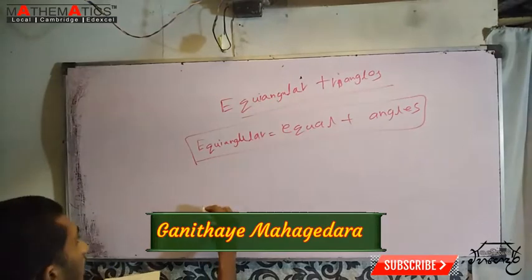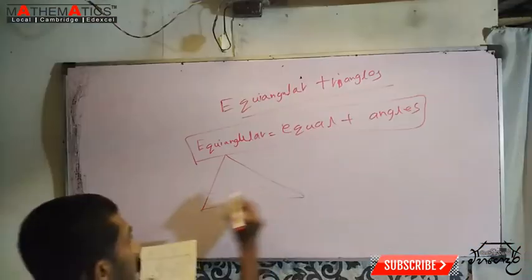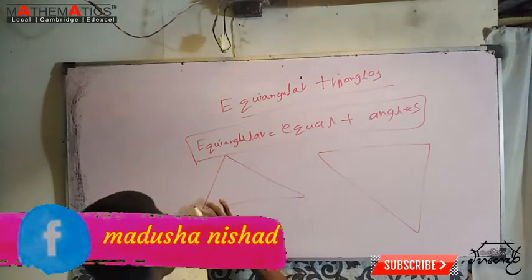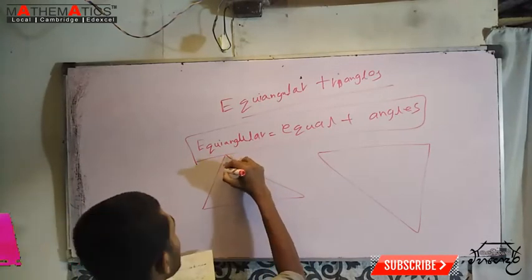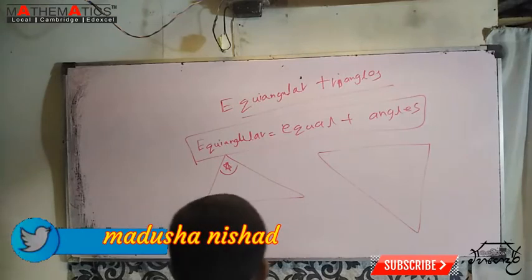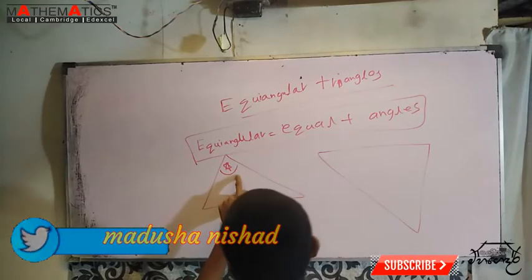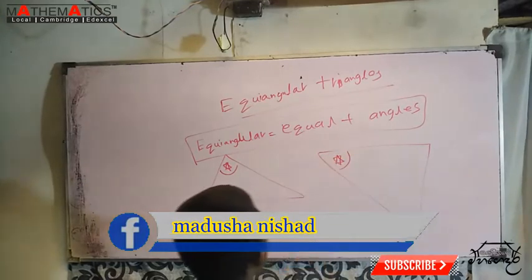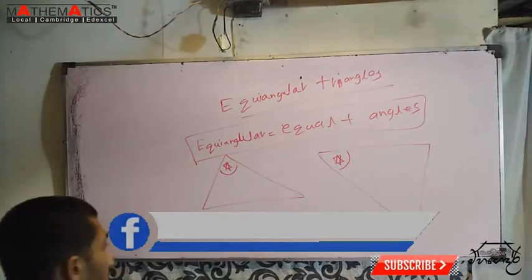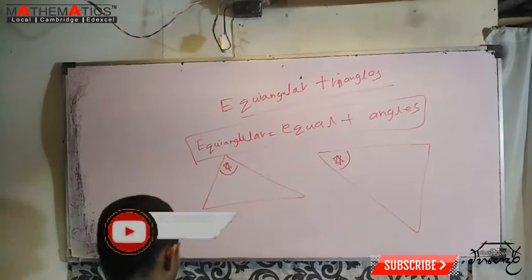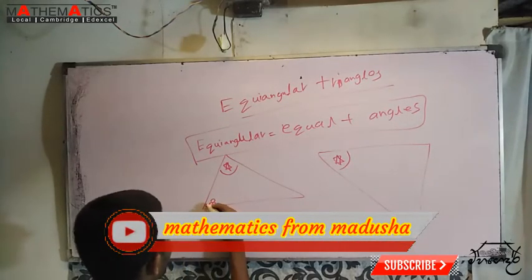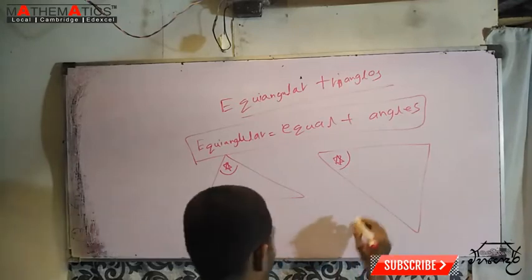Now I will explain the method. Consider two triangles that have some equal angles like this. I will mark this angle using a star, and here you also have a star sign, and both of these angles are equal. This angle is equal to this angle.